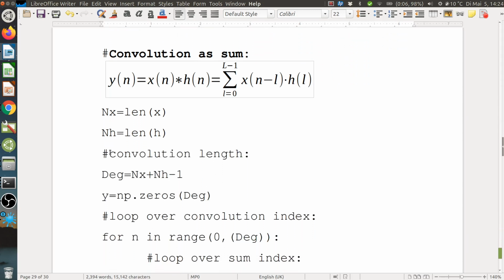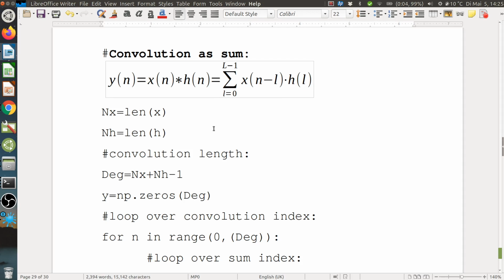Right. So here you have a convolution as a sum. Here the star, here the convolve function is basically defined as the sum here, where the sum index goes down in the first argument and up in the second.